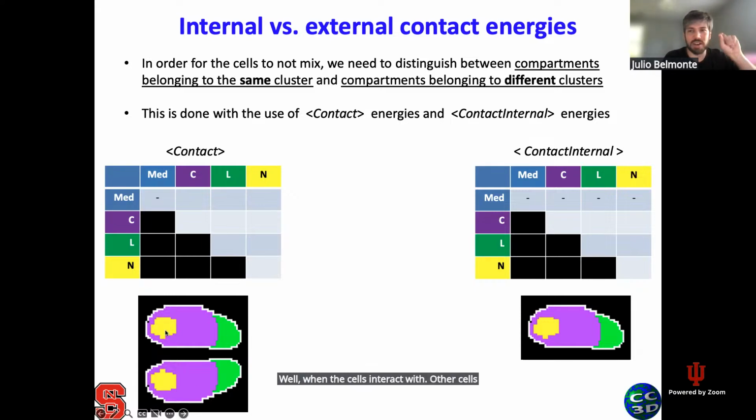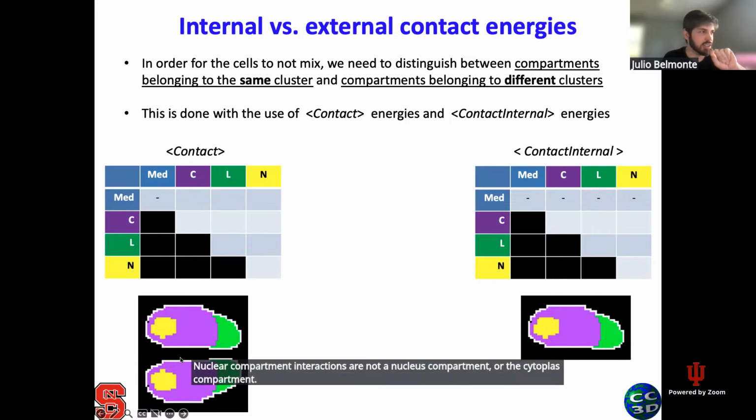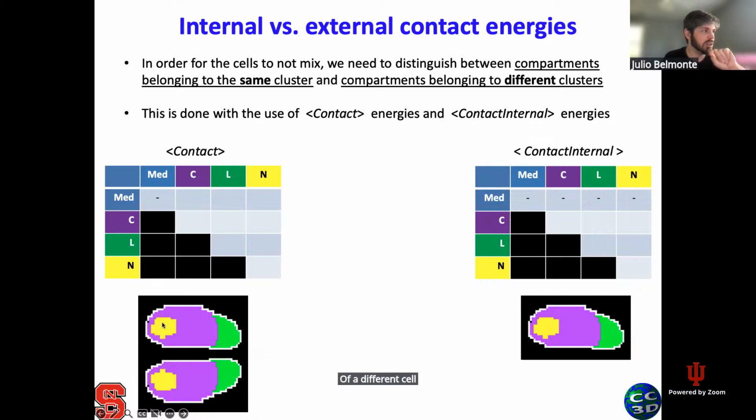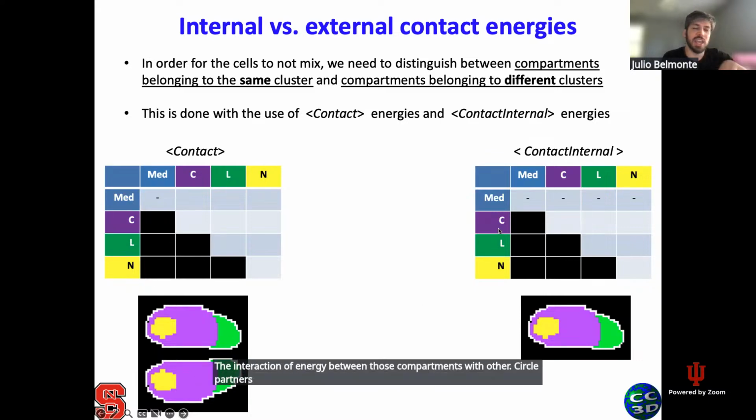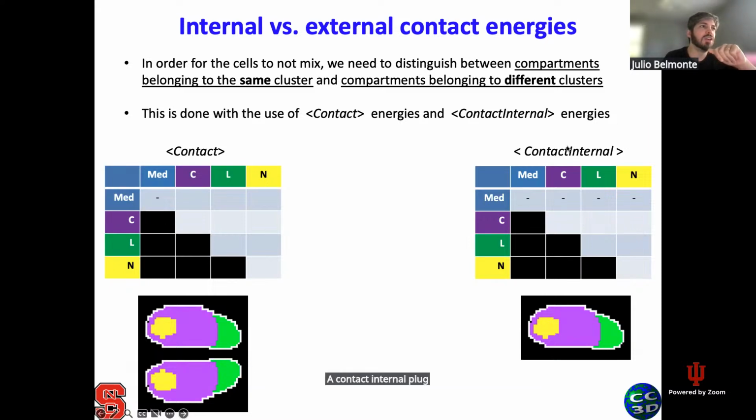So when you have a nucleus compartment interacting with another nucleus compartment or the cytoplasm compartment of a different cell, this is going to be all the interaction energy between those compartments and other cells' compartments. And you also have a ContactInternal plugin, which is going to be all the energies of these three regions within the same cell or cell cluster, okay?